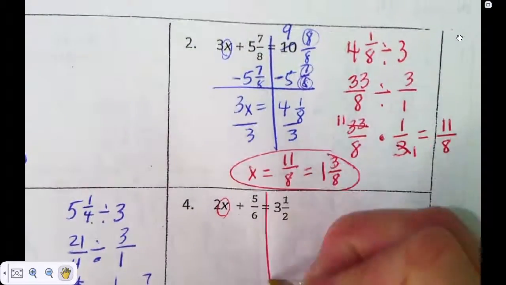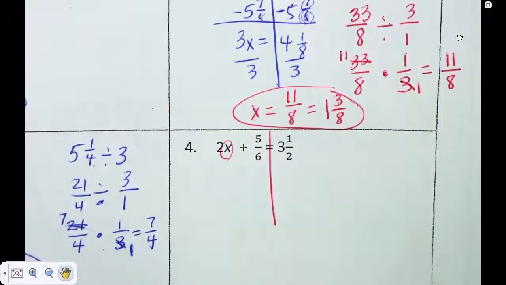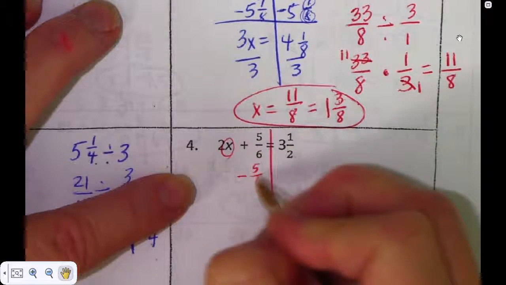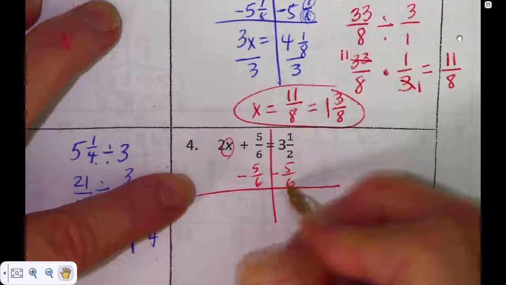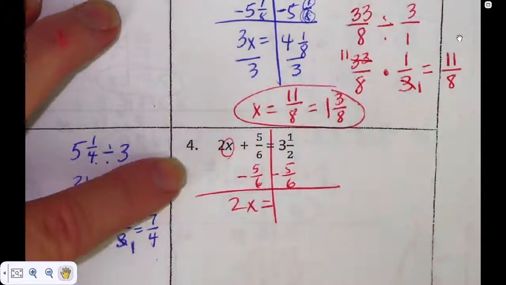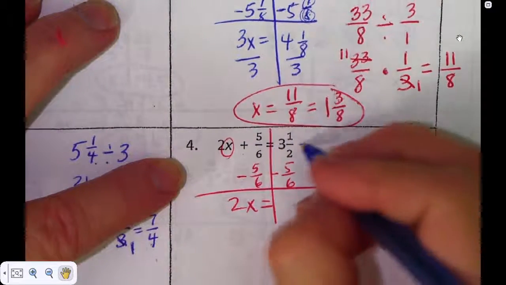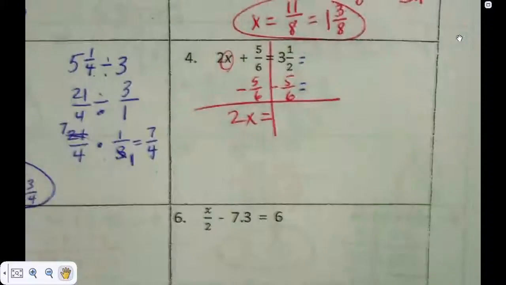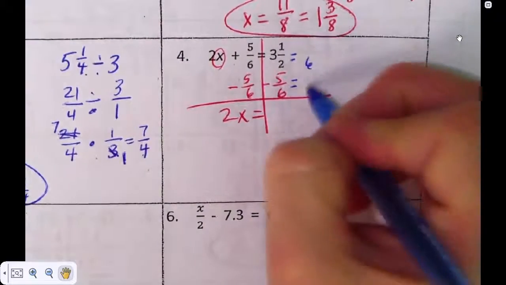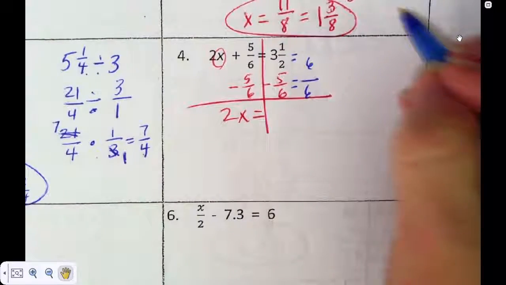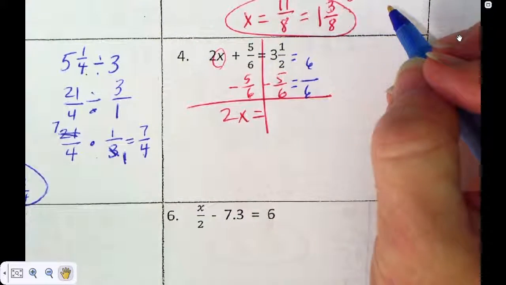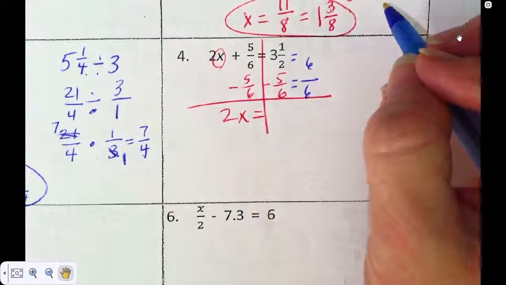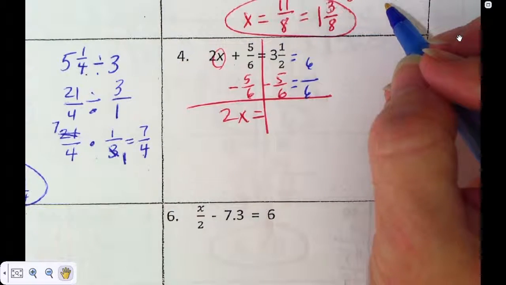Okay, look at number 4. Circle the X, draw the river. I'm going to subtract 5/6 from both sides. I have to get a common denominator. What's going to be a common denominator for 2 and 6? 6. Good. You could do 12, but then you're going to have more to reduce, so it's better to use 6.